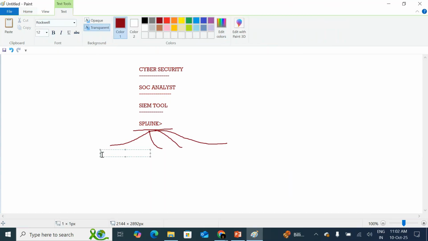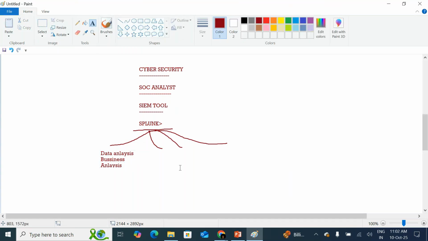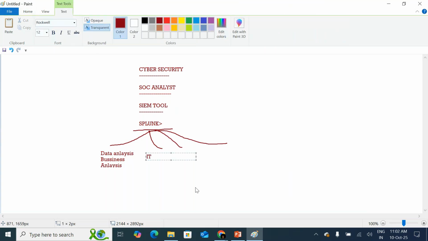One is for data analysis, that is business analysis also. Business analysis means anything business, you can understand your business and your data insights. Next, there are IT operations and DevOps operations.